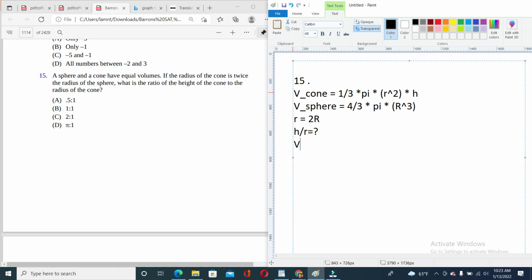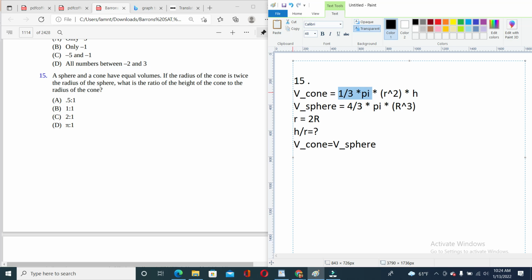Okay, so let's plug in the equation. We have V cone equal to V sphere. Right, so okay, what can we derive from this? So let's just put the equation down.